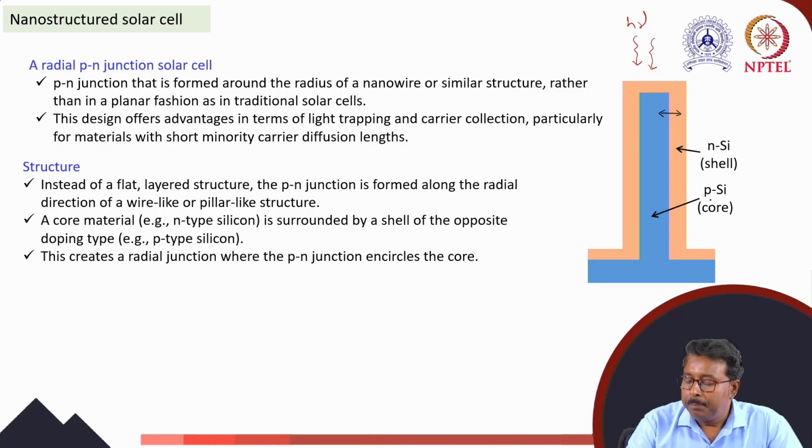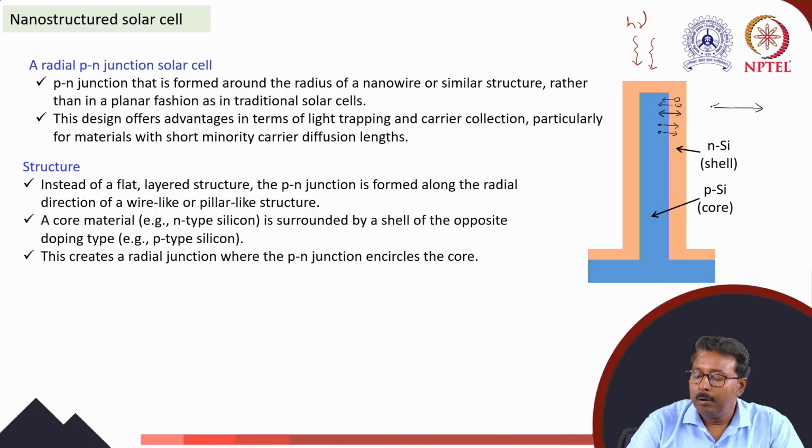Within the P silicon, the excess electrons which are generated flow in this direction, and holes come in this direction. So the direction of carrier flow and propagation of light are not opposite, they are orthogonal.